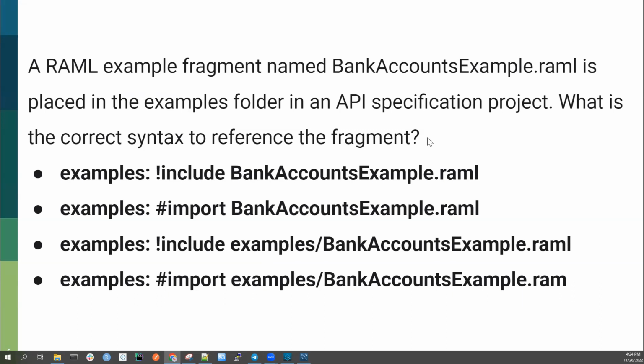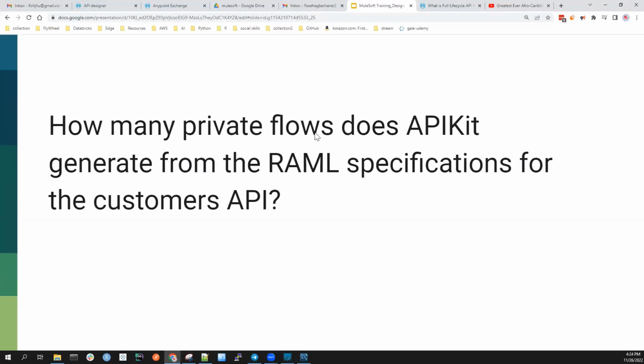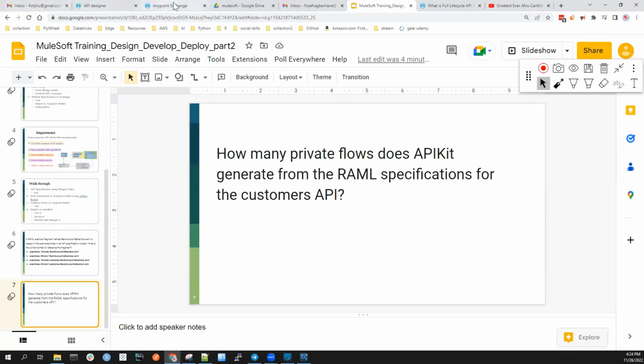Okay, that's one question. Now we will import the specification we wrote into Anypoint Studio. So the next question is: how many private flows will APIkit generate from the RAML specification we just wrote for the customers API? Let me show you.